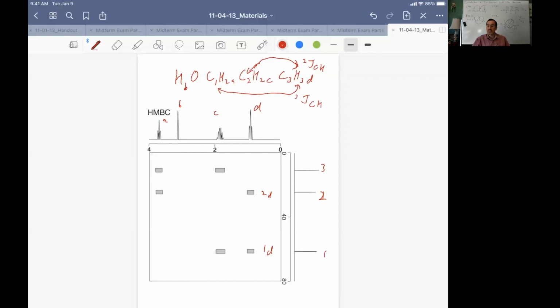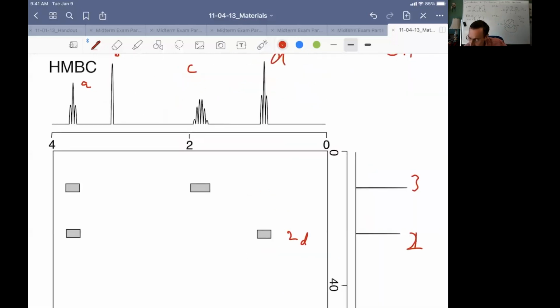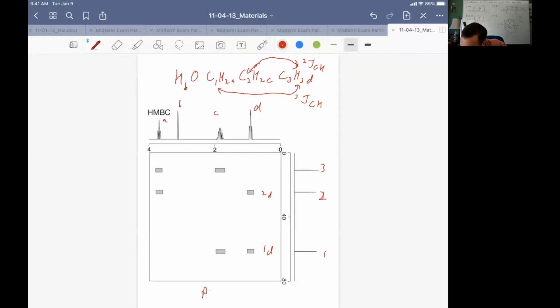And as I said, at this point, it seems rather esoteric, but when you've got to place an isolated methyl group, or you've got to place that CH2 group on the ring, it can be very useful for putting the pieces together. And so I'll just annotate this on the bottom. Any questions about HMBC?